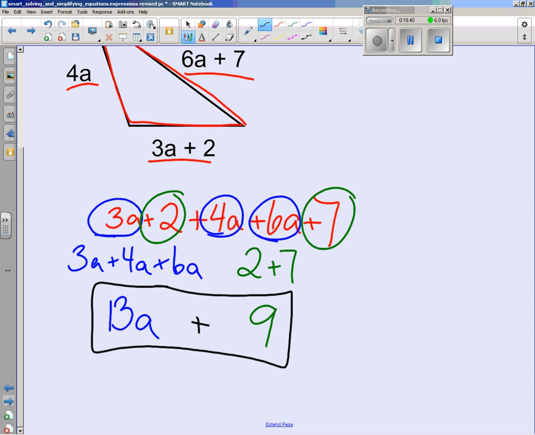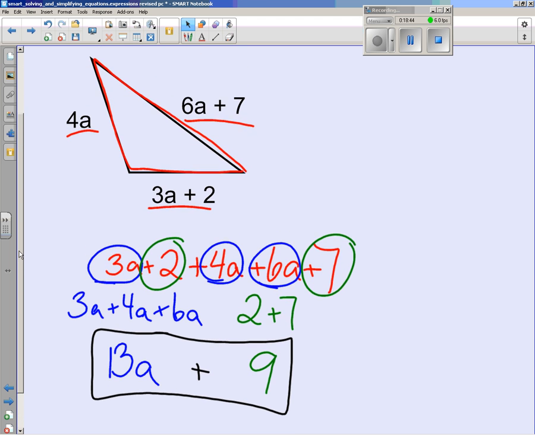The reason this is so helpful to be able to do this kind of math is because they might give you a problem that says, hey, this triangle has a perimeter of 103. Please find out what a equals. You can write your expression, except now set it equal to 103.